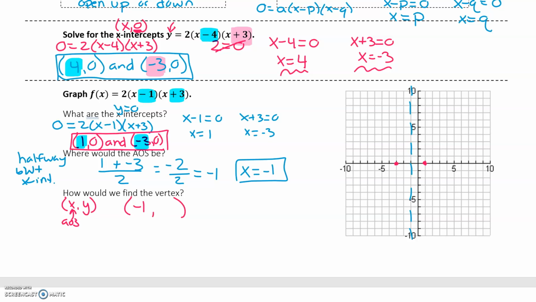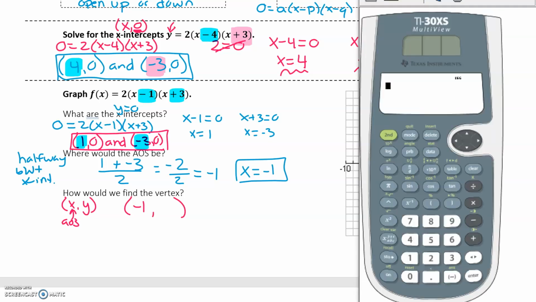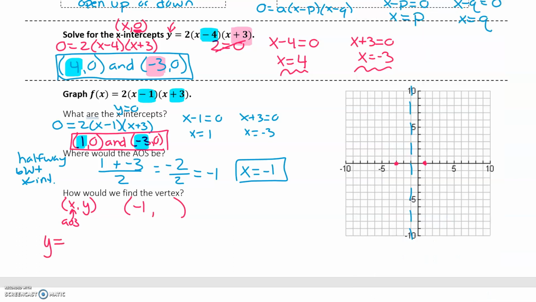Or we can type the function into the table on our calculator and look at the x value of negative 1. So the first way that I'm going to show you is just typing into the calculator the original function with the negative 1 in its place. So what I'm going to type in the calculator is y equals 2 times (negative 1 minus 1) times (negative 1 plus 3).